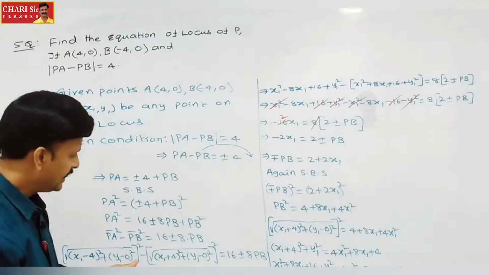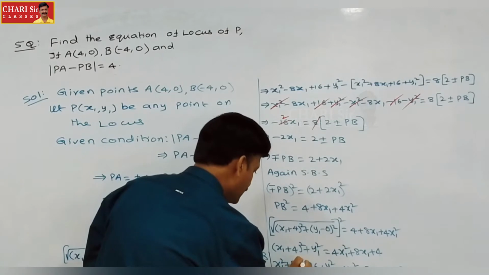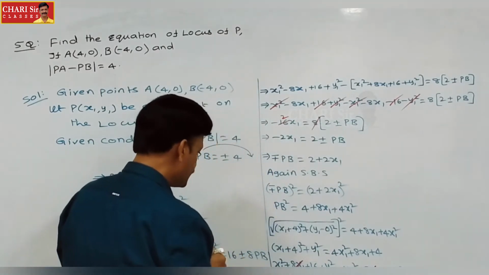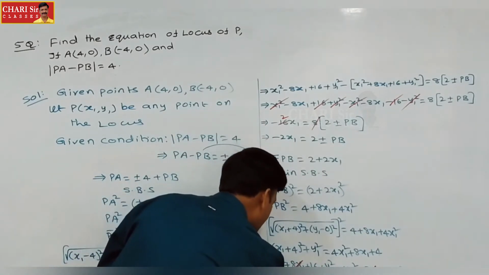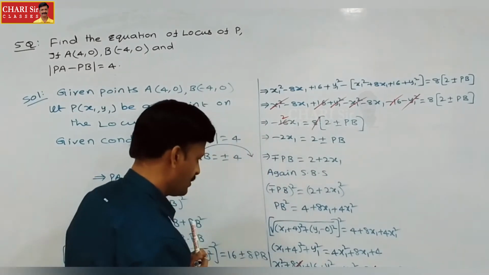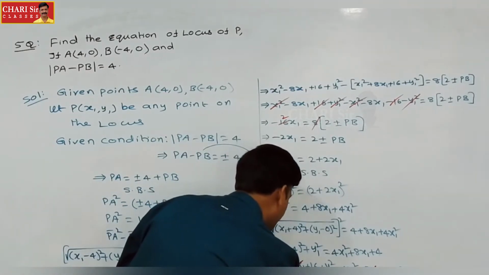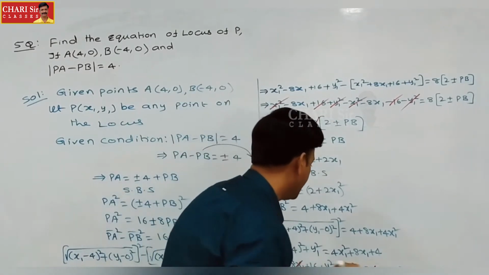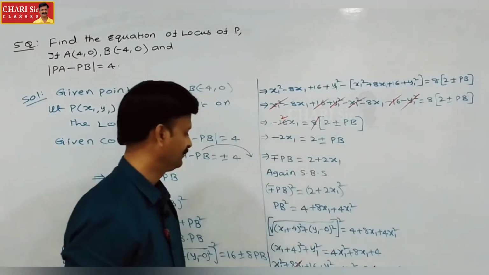Now, does anything get cancelled? Plus 8x1 minus 8x1 gets cancelled, and x1 square minus 4x1 square is minus 3x1 square, and plus y1 square, right? And also 16 minus 4, that is 12, is equal to 0.